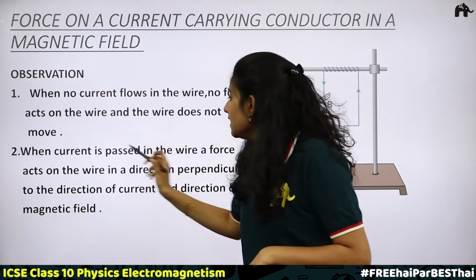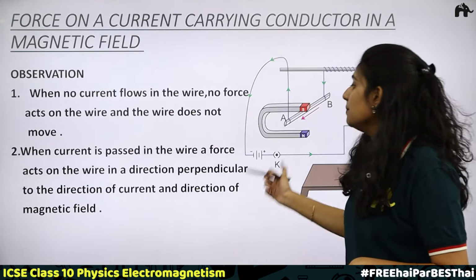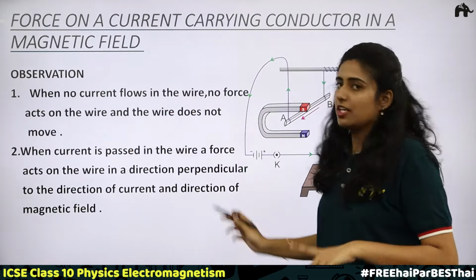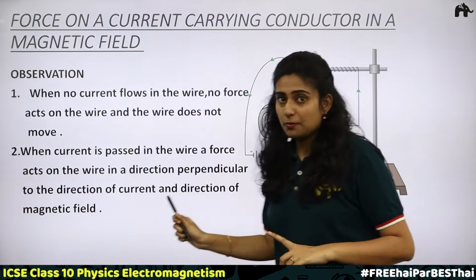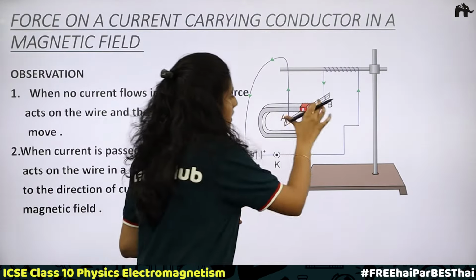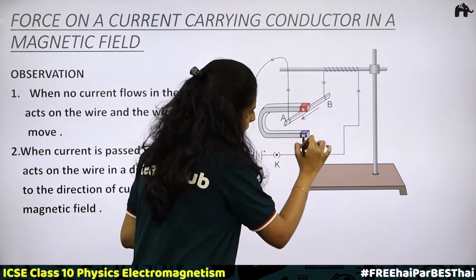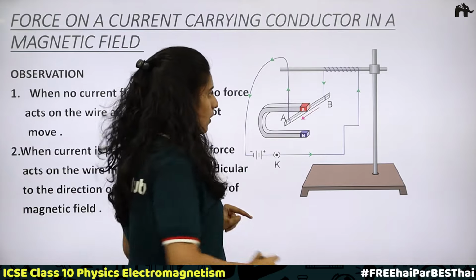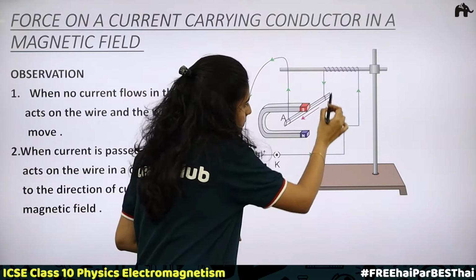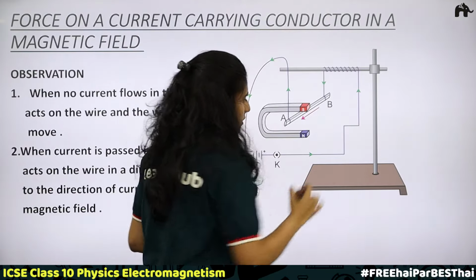Then, when current is passed in the wire, a force acts on the wire in a direction perpendicular to the direction of current and the direction of magnetic field. This is a very important point: the direction of force. Here you can see the magnetic field direction from north to south, and this is the direction of current flow.